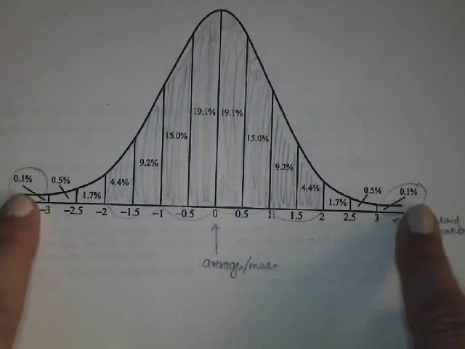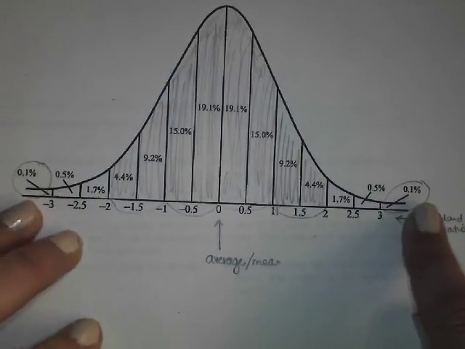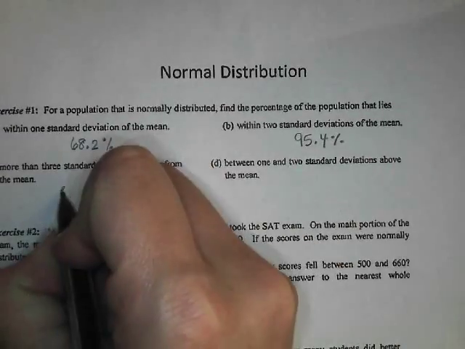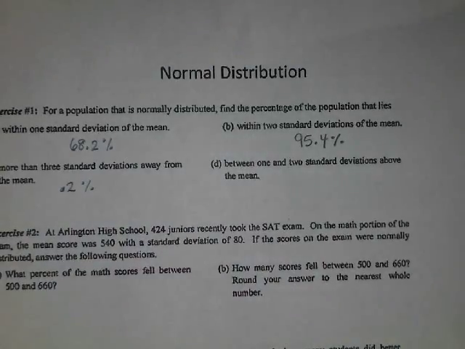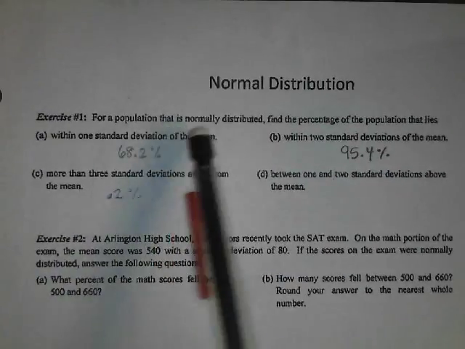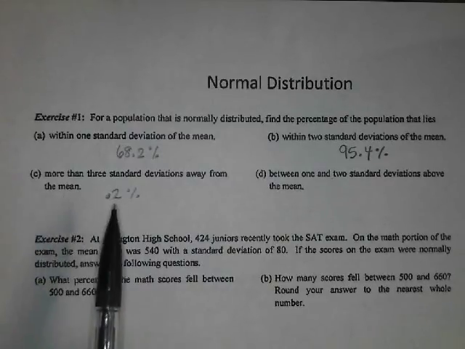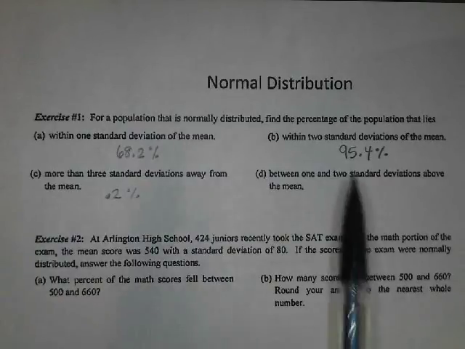When you add that up, what percentage is that? 0.2%, which is a tiny, tiny number, much less than 1%. The other 2 phrases in A and B were within 1 standard deviation or within 2 standard deviations. This is more than 3, so we had to go on the outside.